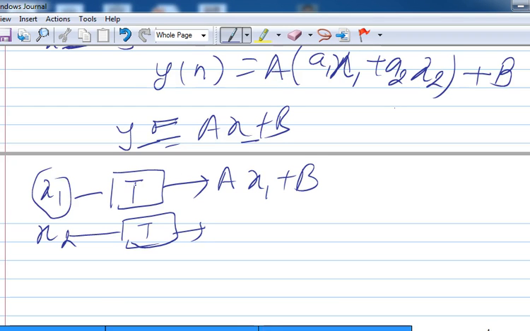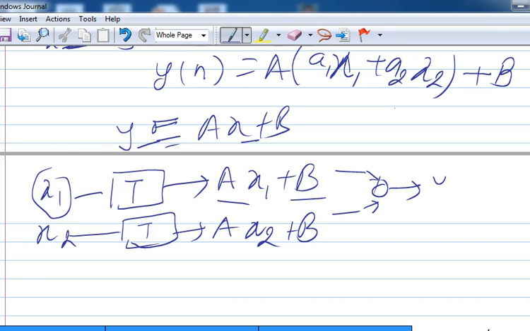That's why, since I have given x1 as input, I am getting a x1 plus b as output, and in this case a x2 plus b as output. Now these two outputs are being added, and we see y'(n).